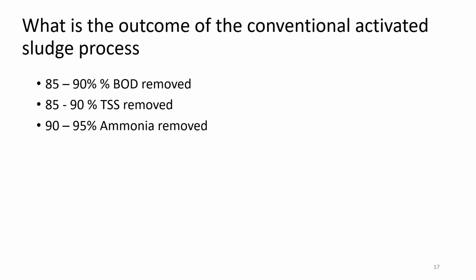In general, about 85 to 90% of BOD and TSS is removed in traditional conventional activated sludge plants, and between 90 to 95% of the ammonia is removed. And when I say removed, if you measured the amount of ammonia in the effluent, you would say, well, it's either non-existent or it's very low.